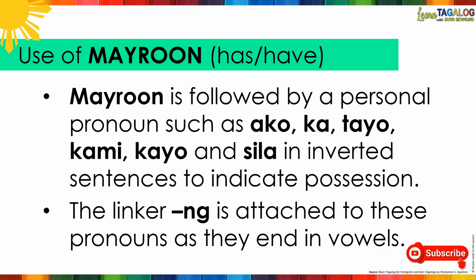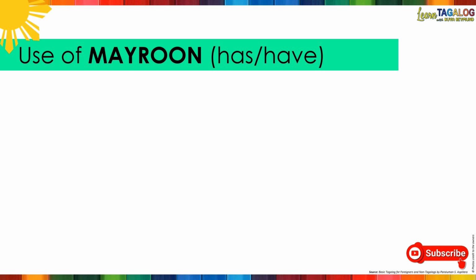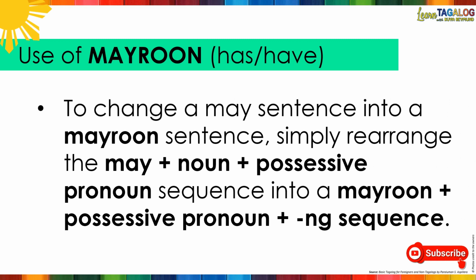So that is one thing that we'll have to remember if we are using meron in a sentence. Another thing to note is that to change a may sentence into a meron sentence, simply rearrange the may plus noun plus the possessive pronoun sequence into a meron plus the possessive pronoun and the linker ng sequence.